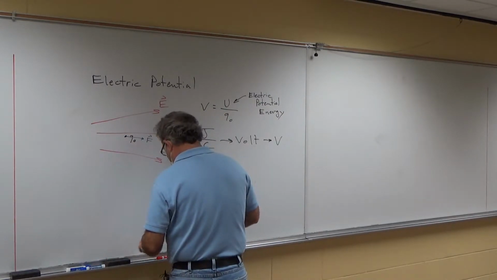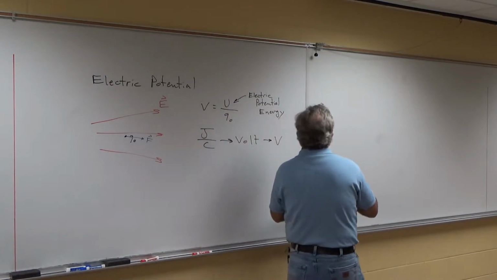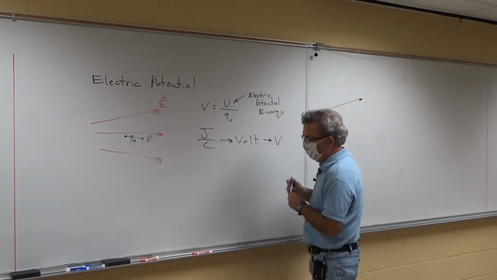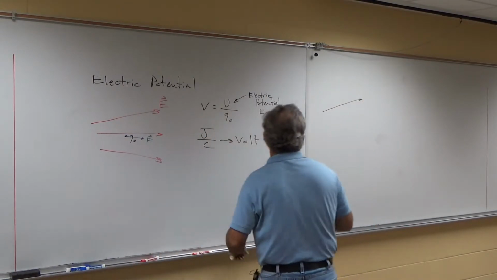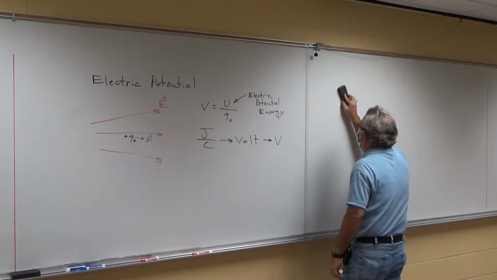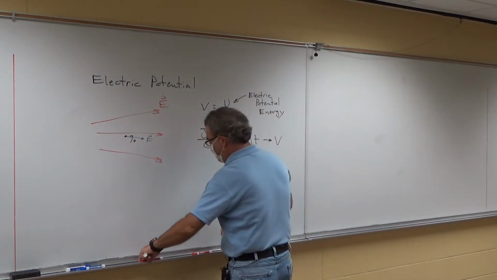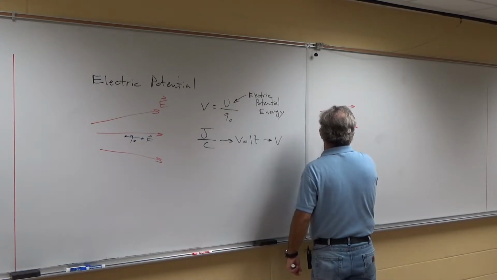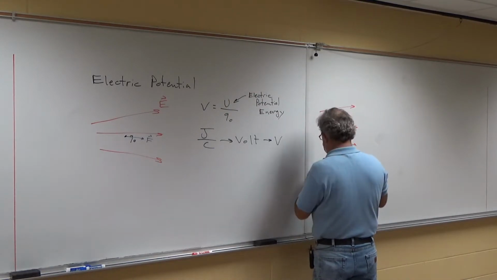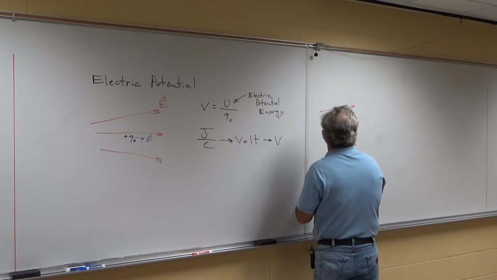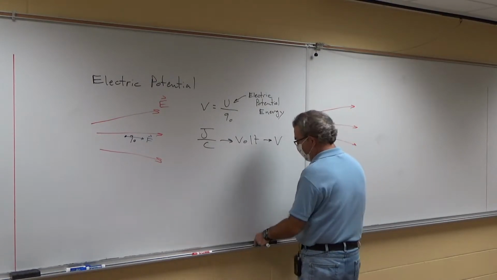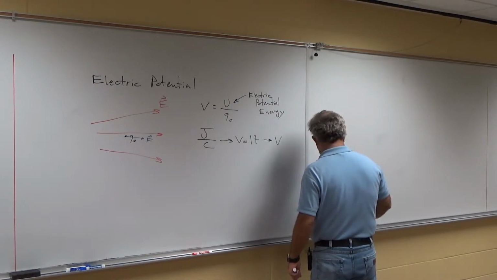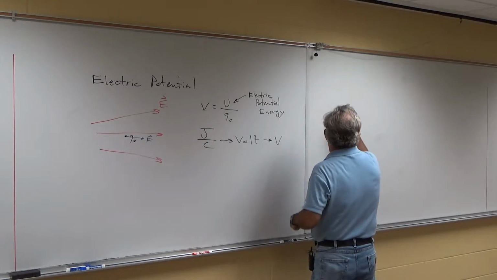So what we typically do is look at, let me use red for the electric field, a change in position in an electric field. Actually, I changed my mind again. I'm going to draw a uniform electric field, it just makes it easier.